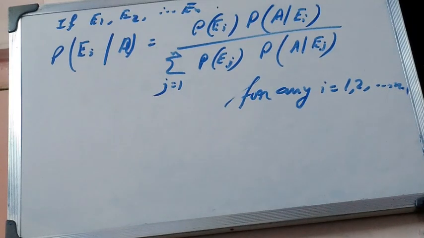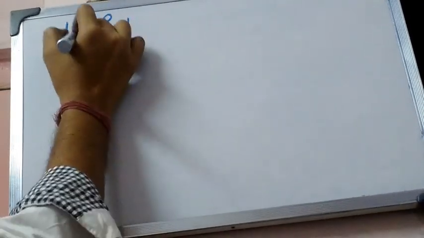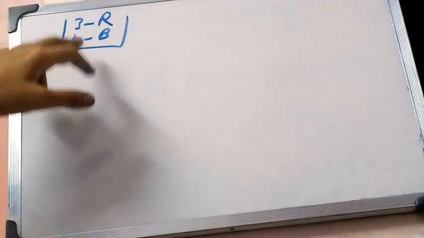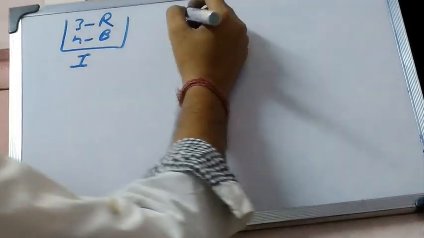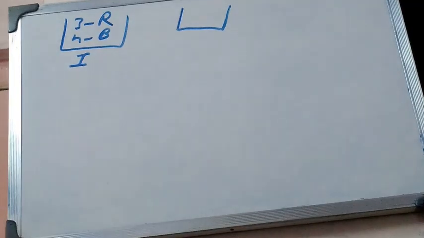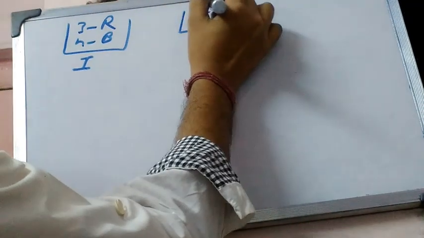We will do sums instead. Suppose a bag contains 3 red balls and 4 black balls. We have written red balls as R and black balls as B. So this is bag 1. And in bag 2, there are 5 red balls and 6 black balls.